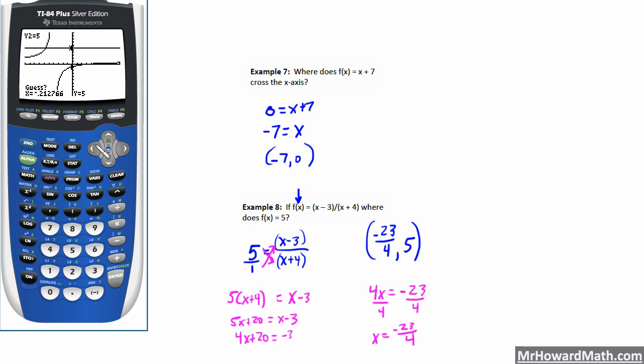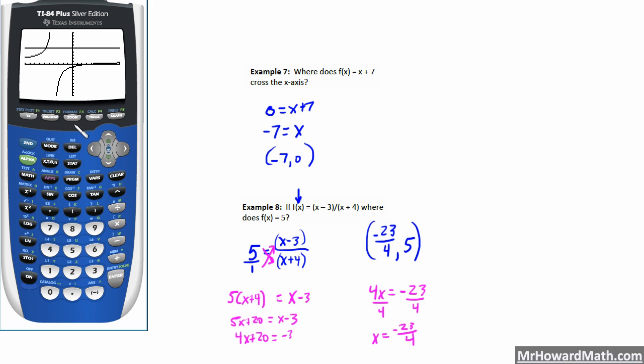For the second curve, first curve was our rational expression, second curve is this horizontal line. For the guess, get it as close as possible so it's faster for your calculator. And there it is, negative 5.75. And if we check that, negative 23 over 4 is equal to negative 5.75, just like we had on our graph.